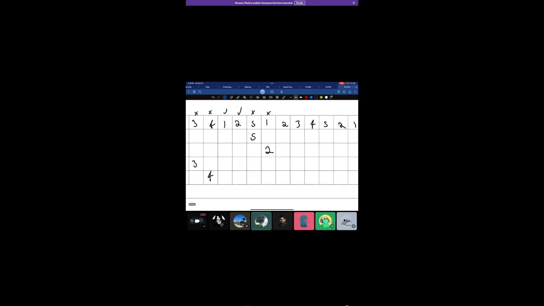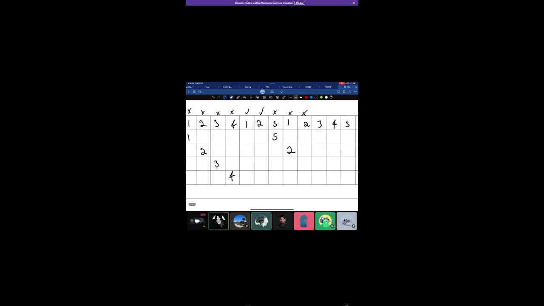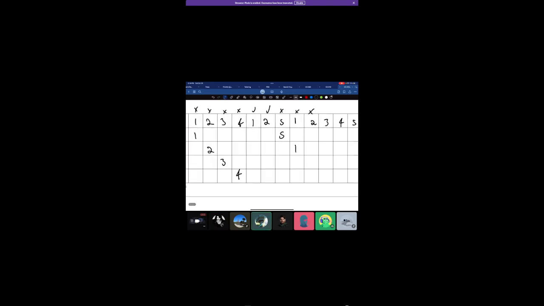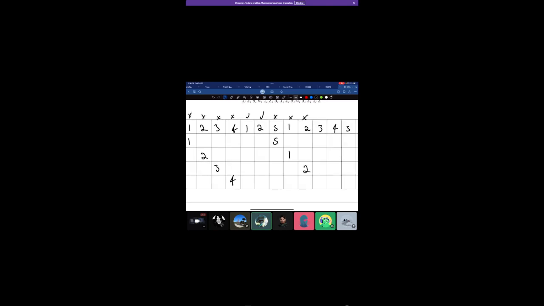From that, we get another miss on 2. So the next one out is 3. Wait, doesn't 1 go there? Yeah, that's the right one. We get a miss on 2. Next one to go out is 3, so 2 goes here. And then we get a miss on 3, so 3 goes here.